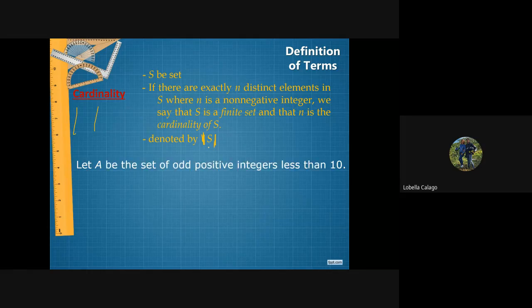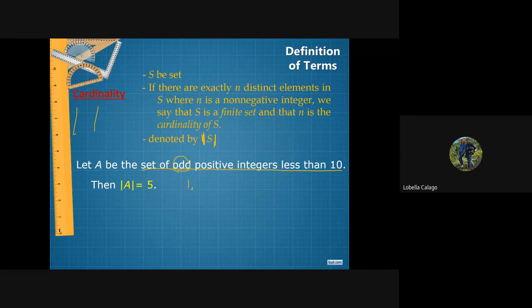So let A be the set of odd positive integers less than 10. So ano ang mga elements ng A? O, sinabi daw, the cardinality of A is 5. Bakit daw? Sinabi, a set of odd positive integers less than 10. Ano ang mga positive integers? Odd ha, odd.